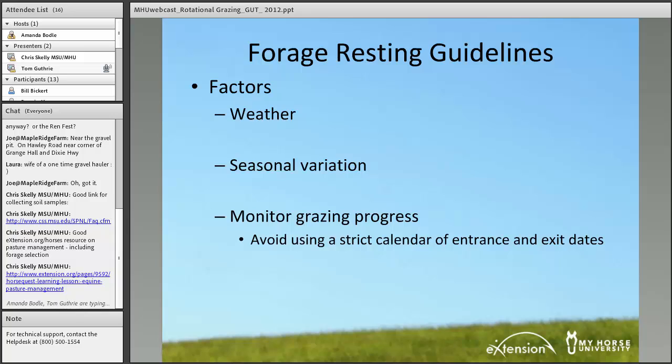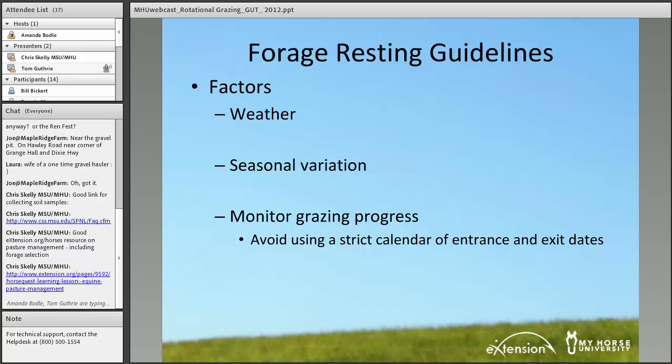So what are the forage resting guidelines? Well, obviously there are some factors involved with this, and that really is dependent upon the weather and the seasonal variation. One way, especially for first-time horse owners that are trying to implement a rotational grazing system, would be to avoid using a strict calendar of entrance and exit dates. Actually, that may apply to everyone.